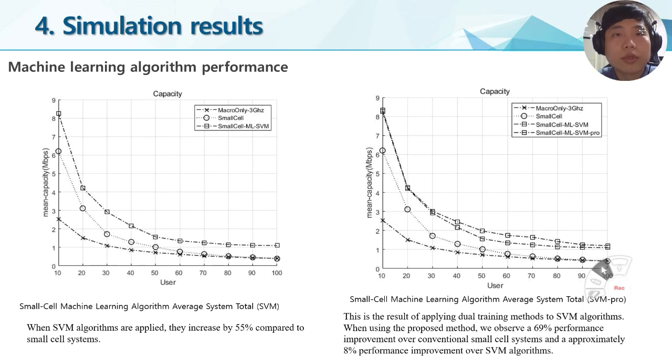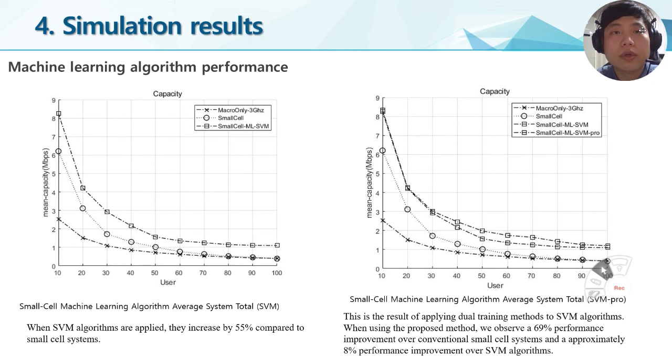The graph on the left shows the capacities of the 5G small cell machine learning algorithm when applied with the support vector machine compared to conventional small cell technologies. It can be seen that overall performance improved by 44%.